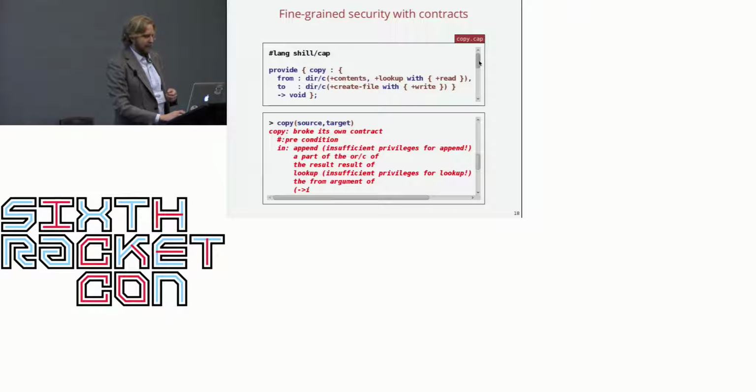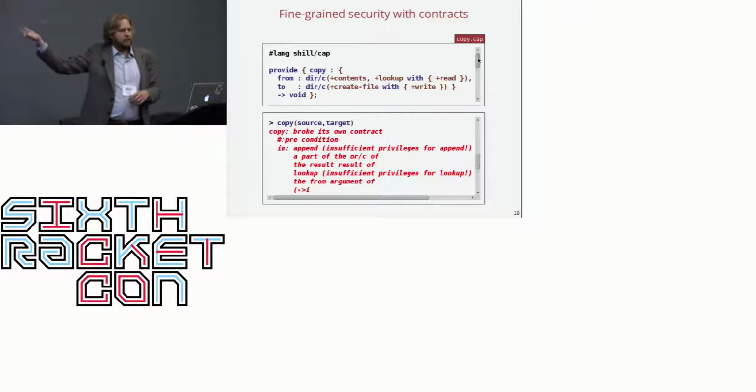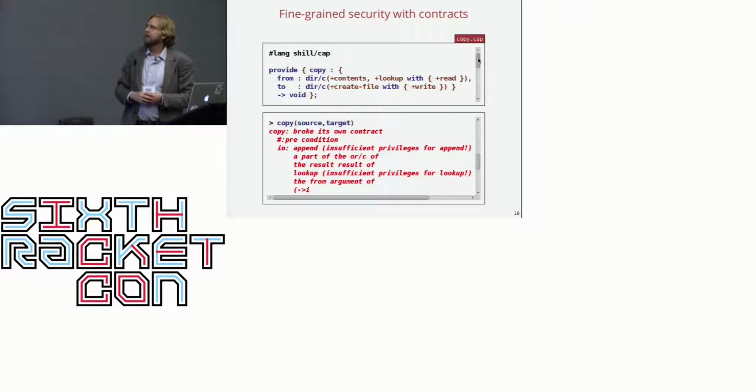And so nicely, what the language has done for me using contracts is it has actually enforced this very high-level specification of what I expect a copy to do, right? Move things from one directory to another without changing them in the original one, and turned it into this executable form that gives me some security properties.